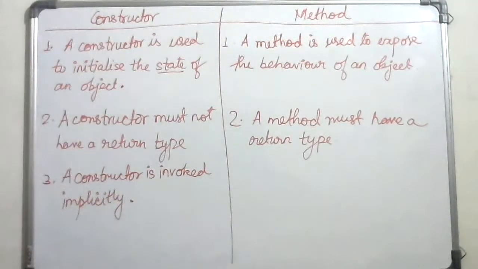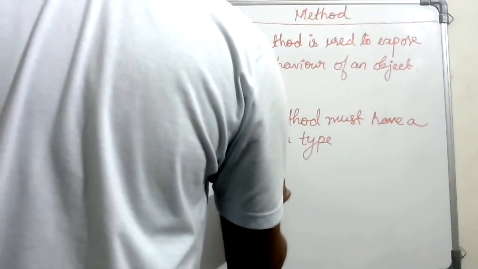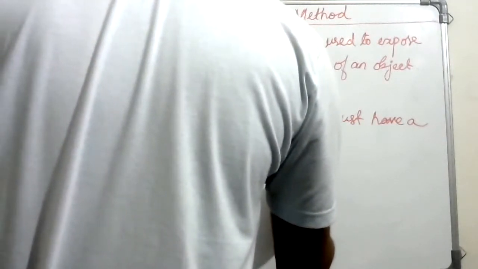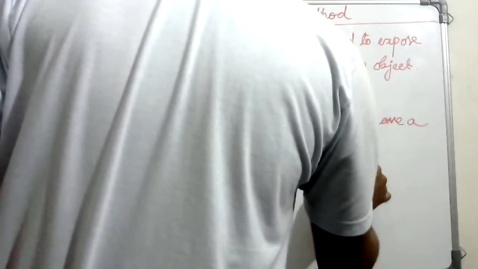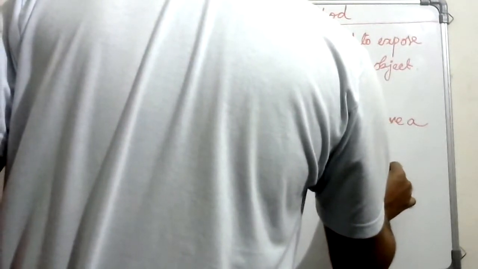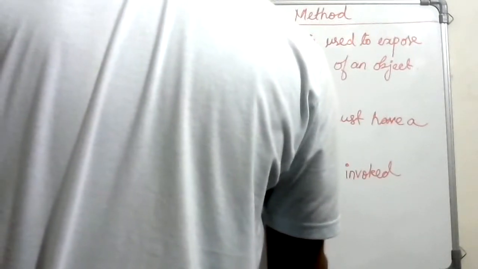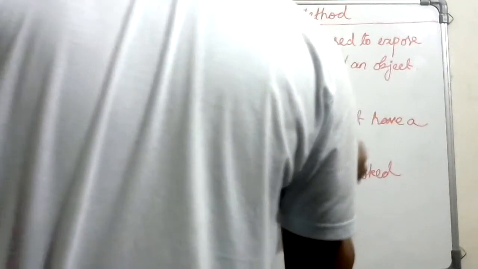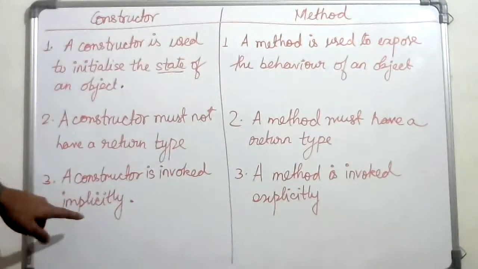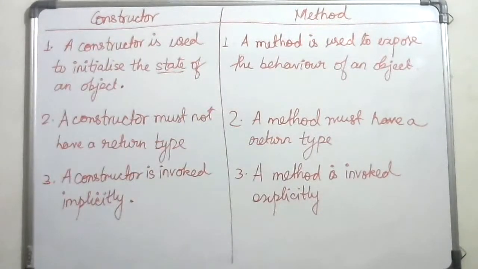Whereas a method is invoked explicitly. A method is not invoked by default. Implicitly basically means automatically. Explicitly means manually.